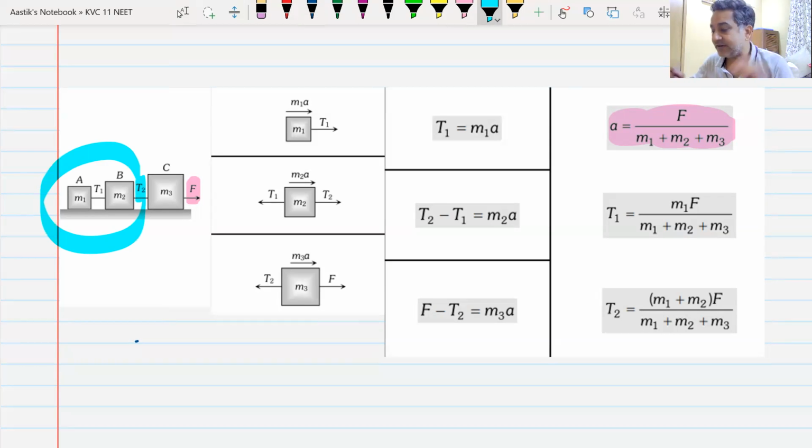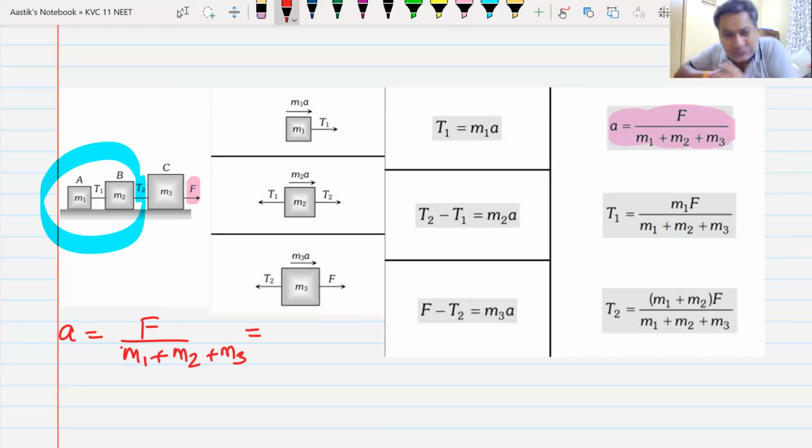So now you can remember it this way. This acceleration is F divided by total mass M1 plus M2 plus M3. That can also be equal to T2 upon M1 plus M2, because remember, T2 is pulling M1 plus M2.